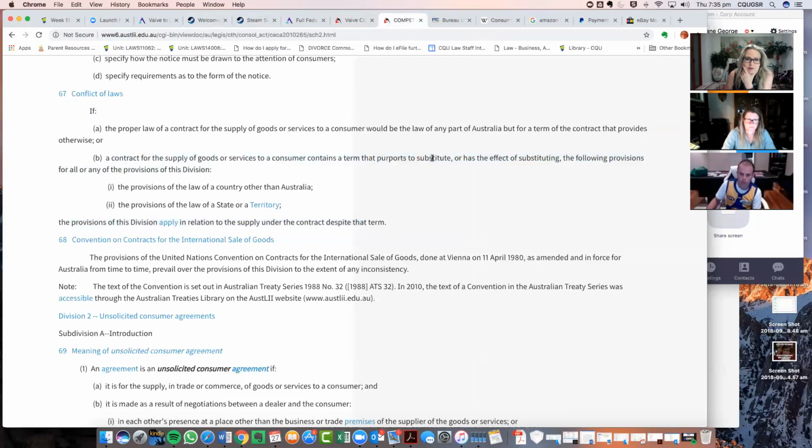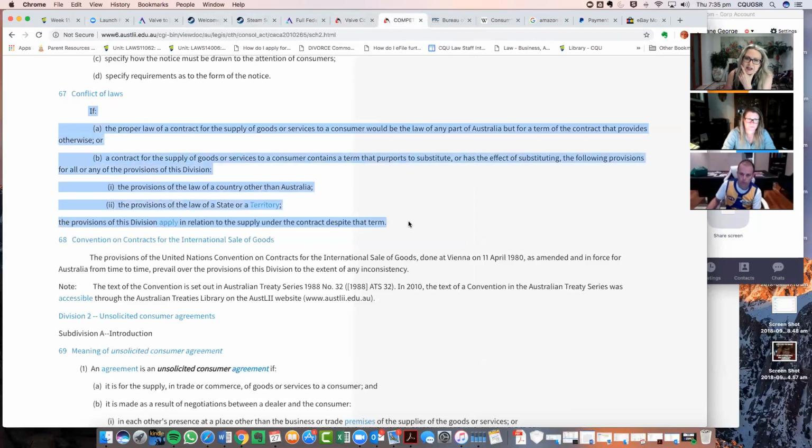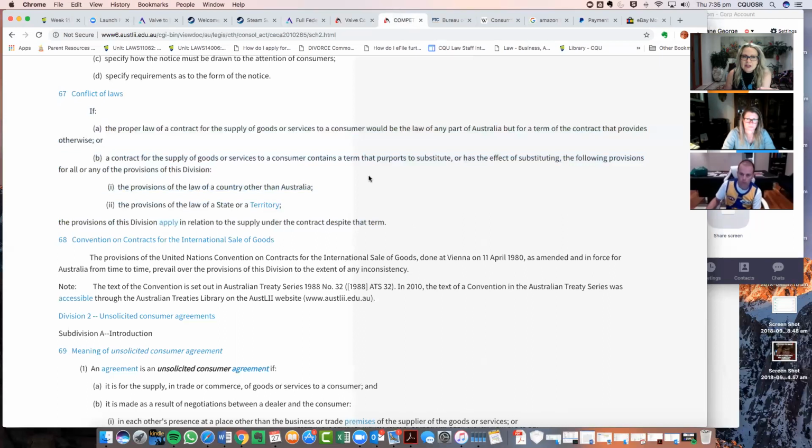So in that case, really, given that the law of Washington state applies, we fall outside your consumer guarantees, because Section 67 means that it's only where the contract law would be Australian contract law that those consumer guarantees apply. There is, I guess, some logic to that argument.